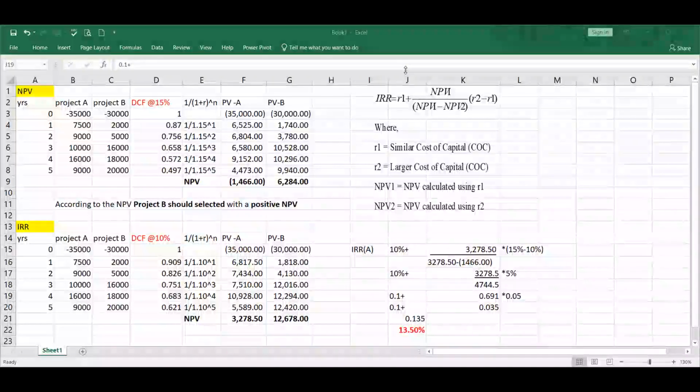Okay, ma'am. Since we have already used this 15% to calculate NPV, it's easy for us now. We have already calculated one rate. That's why I have chosen the other one. If not, you can calculate 3 rates. It's impossible within the time limit in the exam, right?